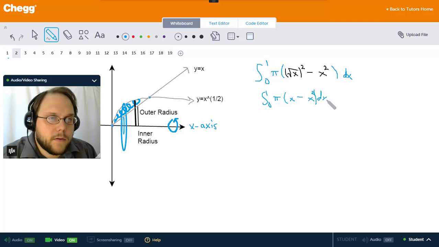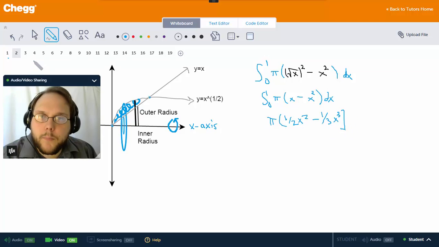Parentheses there. And let's draw that a little neater. Need a parentheses. Okay, now if you solve this, you end up with pi times 1/2 x squared minus 1/3 x cubed.